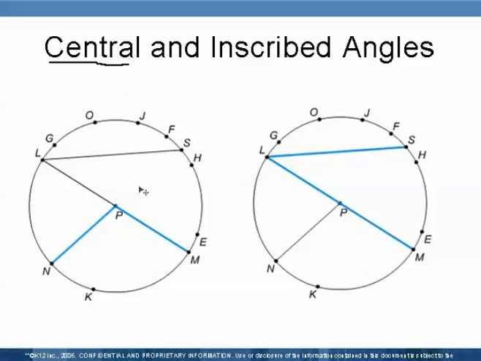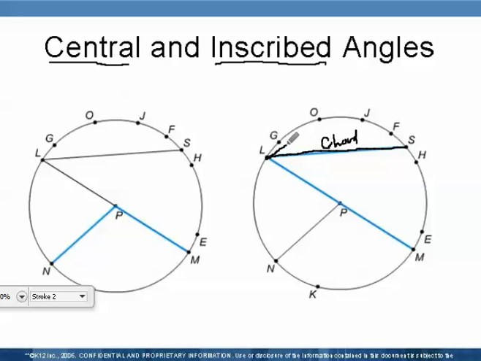Okay? Another type of angle that we talk about when we talk about lines that we're drawing on here are called inscribed angles. Inscribed angles are inside of the circle, but they start at one point on the circle and go to another point across the circle. This is a chord that goes across the circle, and then it goes from that point back to another point on the circle, another chord.